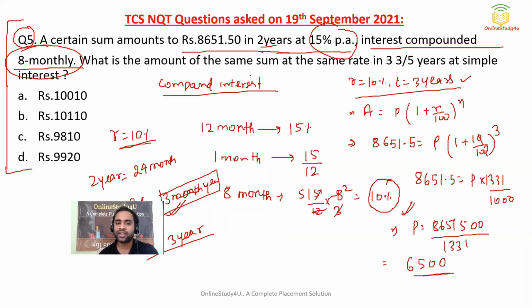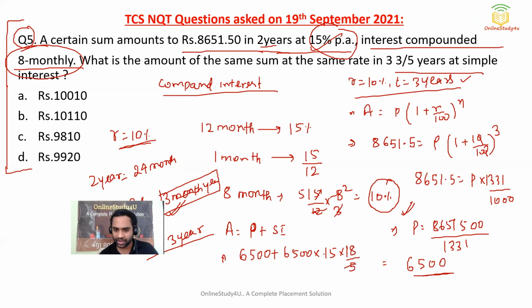What they are asking is the amount of the same sum at the same rate in 3 by 5 years at simple interest. The amount will be principal plus SI. Principal is 6500, SI is 6500 into rate. The rate is the same, 15%, and time will be 18 by 5, that is 5 threes are 15 plus 3, 18 by 5.